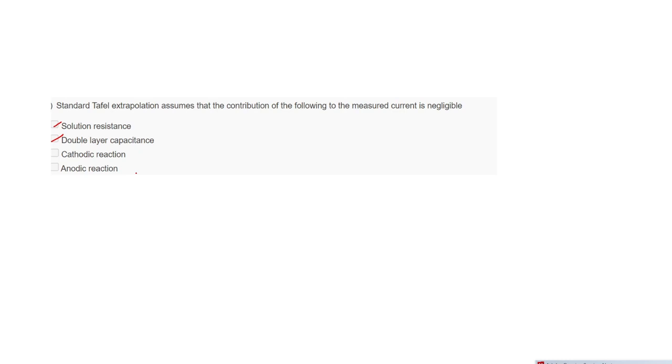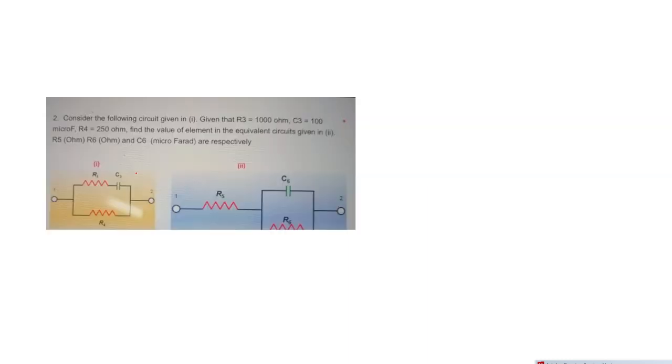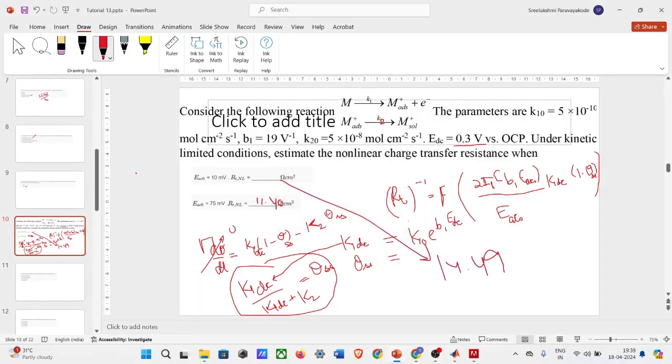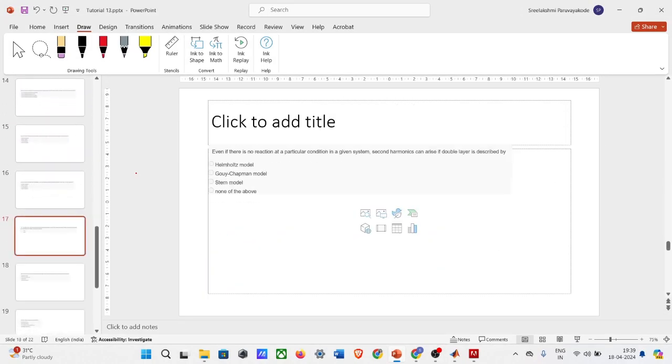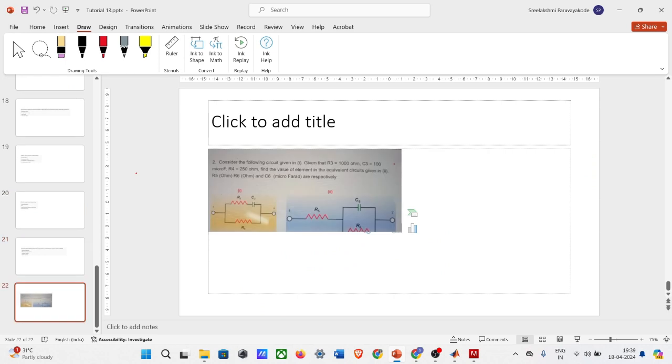Okay, we'll discuss the Frumkin model also, and then come to the revision. Okay, so I had one more question actually. So that is like a revision. Okay, so before moving on to that, I'll discuss the Frumkin model.